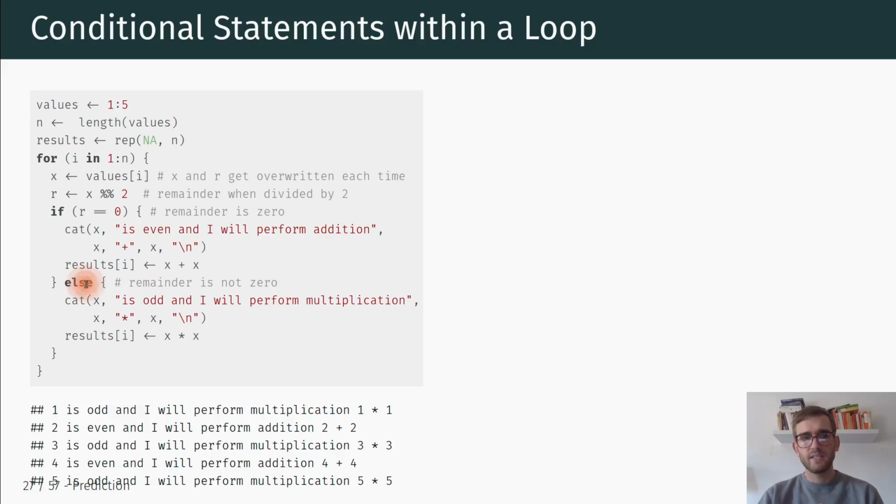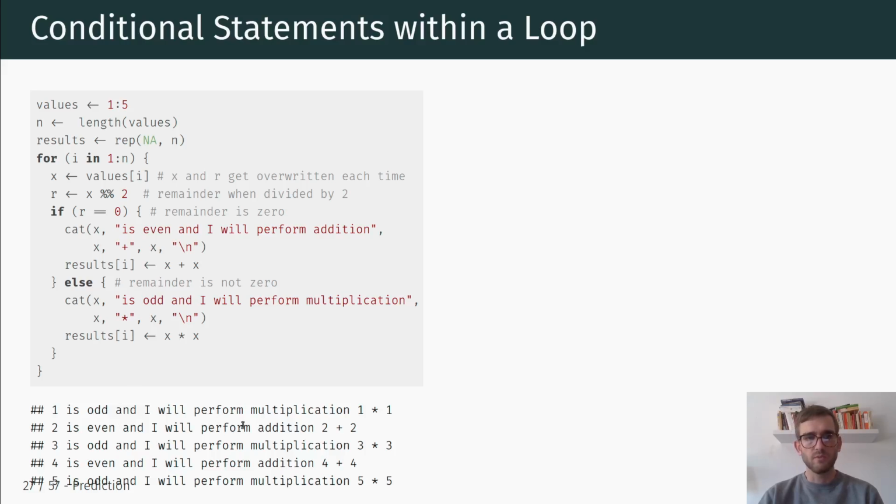And then else, if r is not equal to 0, that means there is a remainder after dividing by 2, which means the value itself is not divisible by 2, and that means x is odd, and the function therefore performs multiplication and multiplies x times x. Okay, so that's the basic structure.